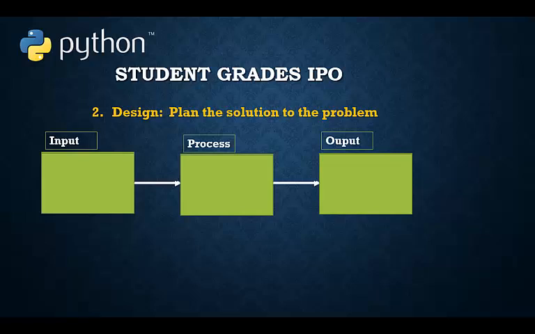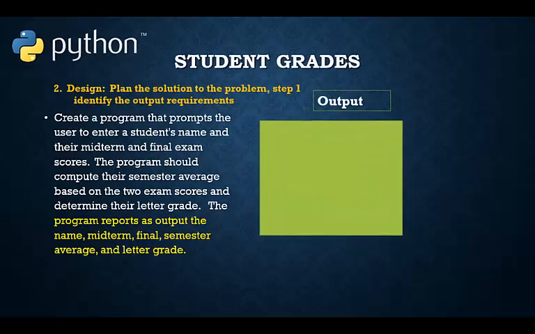We will use our input, process, output strategy to formulate a workable design plan. Starting by identifying the outputs, we see that the program should display the student name, midterm score, final score, their semester average, and the letter grade assigned based on the semester average.